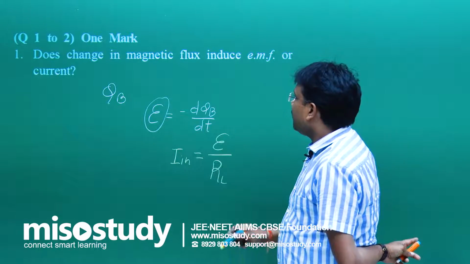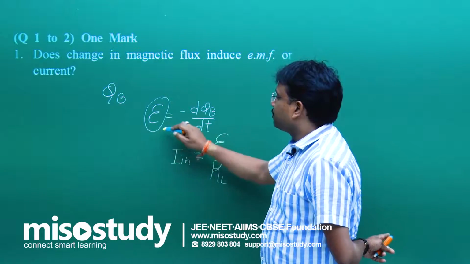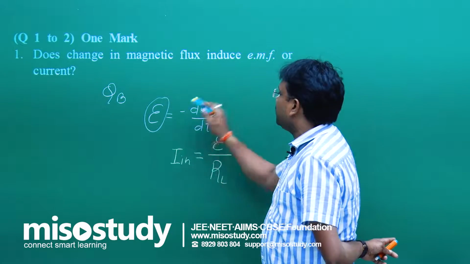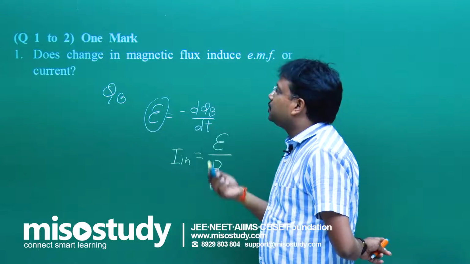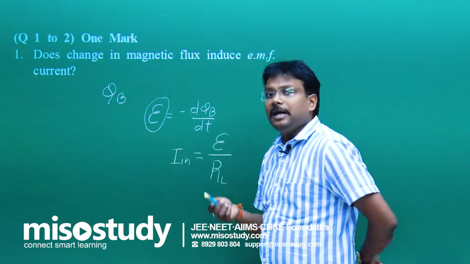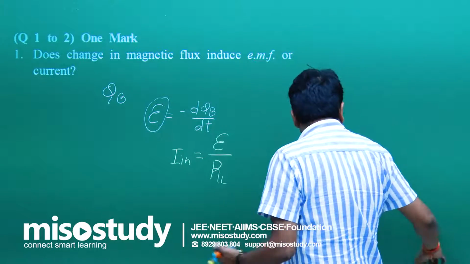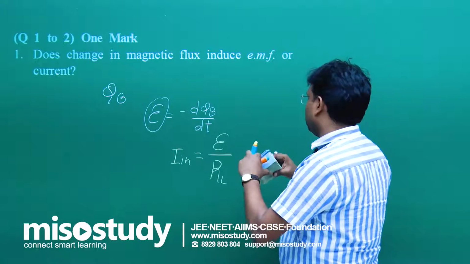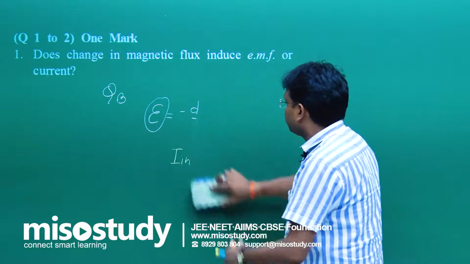So, the answer is that this induced EMF will come after the change in magnetic flux takes place. Current is not the first thing that will come into the situation. Okay.